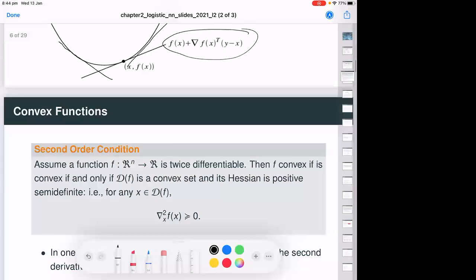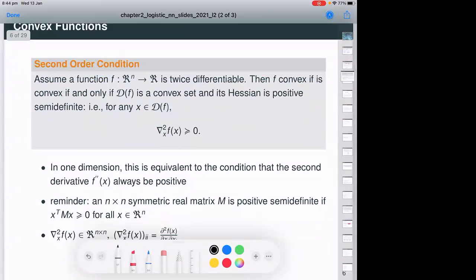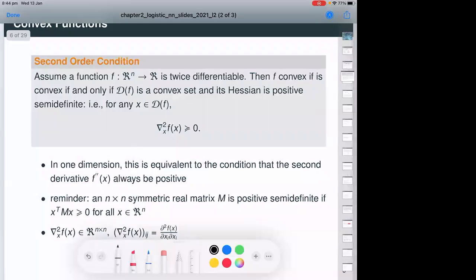Thanks. Second order condition. Check if I did something wrong. Second order condition. Assume that you have a function from Rn to R and it is twice differentiable. Then your function is convex if your domain is a convex set, the domain of your function is a convex set, and the Hessian is positive semi-definite.